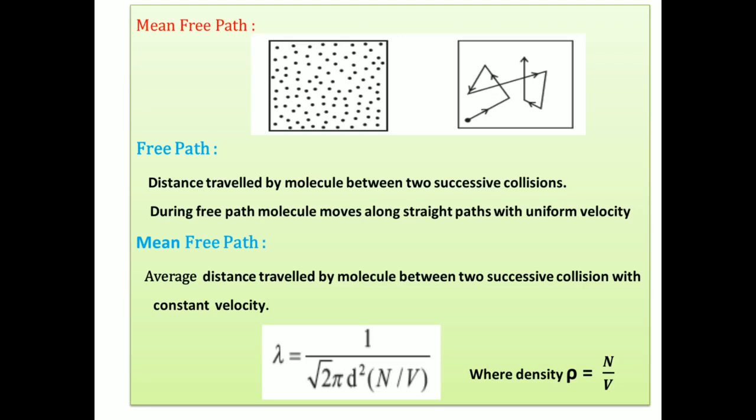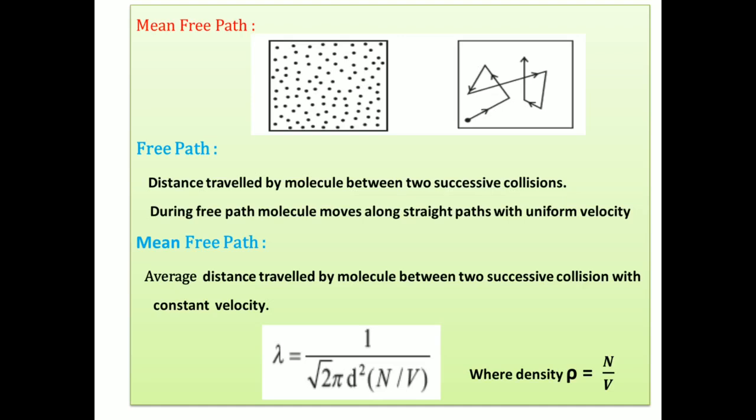You know that these molecules are spherical in shape. For a sphere we take the cross-sectional area, and this cross-sectional area for the sphere is taken as pi into 2r squared, or you can say pi d squared. And thereafter root 2 is a constant.